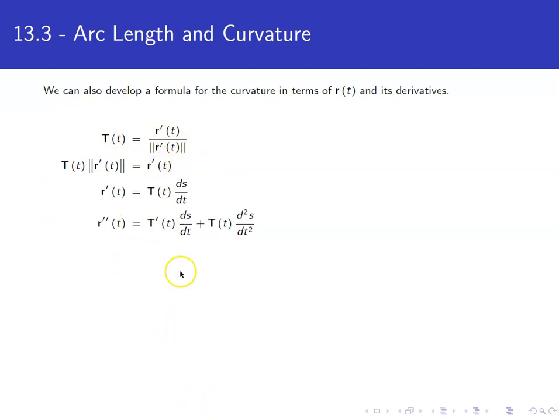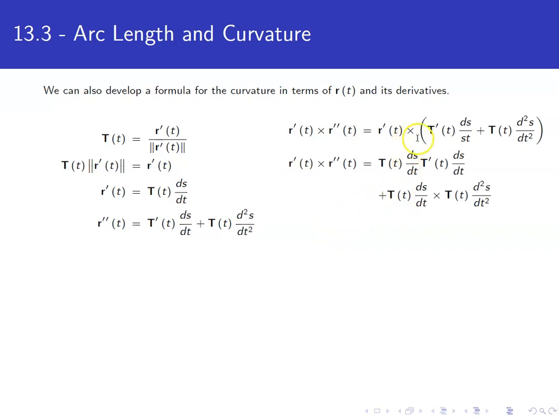Differentiate both sides. We get r double prime of t is the derivative of the tangent vector times ds/dt plus the tangent vector times the second derivative of the arc length with respect to t. Now let's take the cross product of r prime and r double prime.